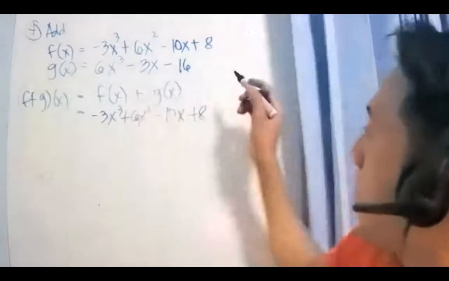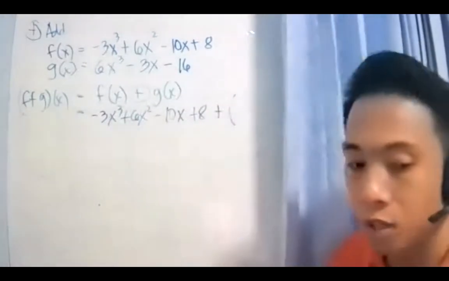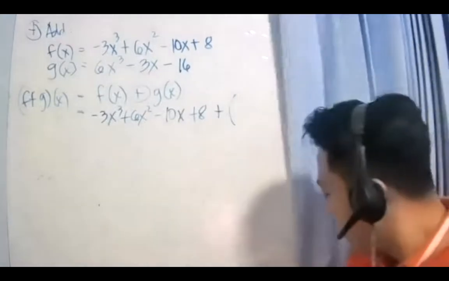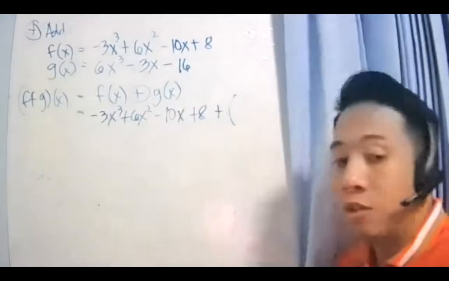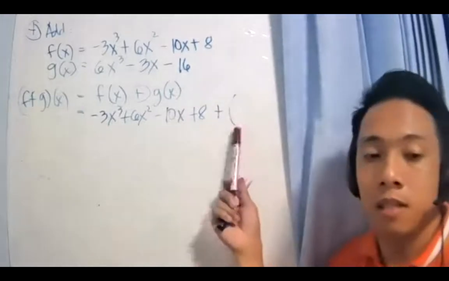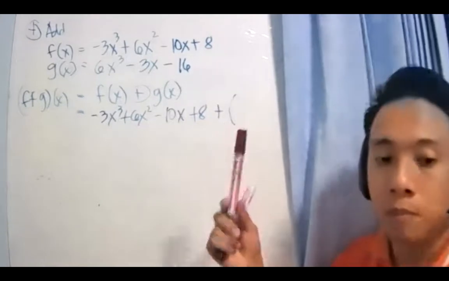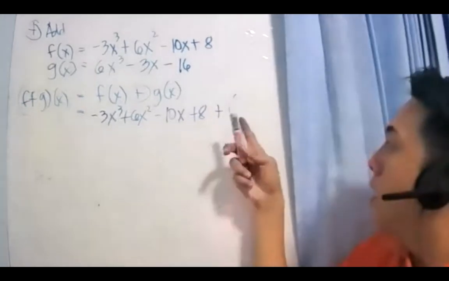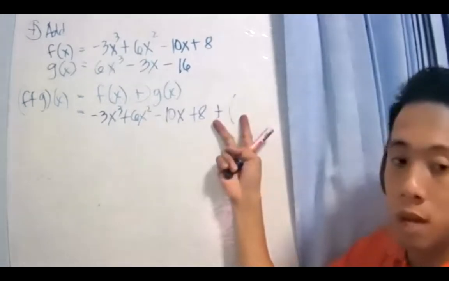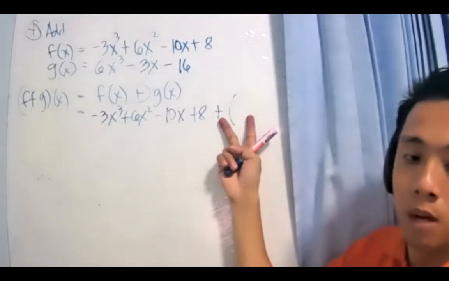And then our plus sign, do not forget to write an open parenthesis here. Okay, it's because it will allow you to see the two signs here, and you need to multiply them later.